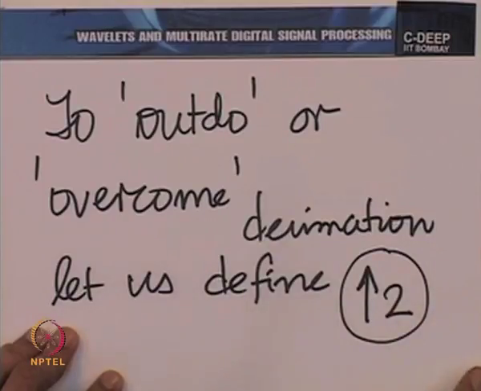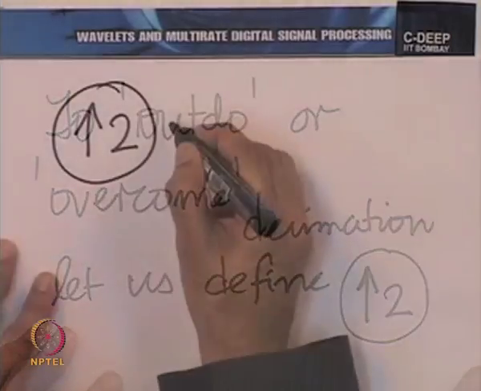Up essentially means upsample. And what does up and to do? Well, up and to essentially introduces a 0 between successive samples.